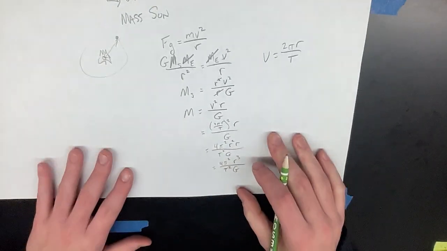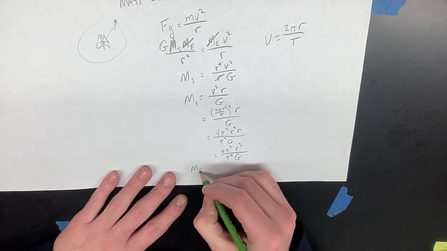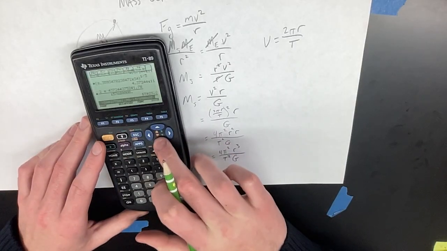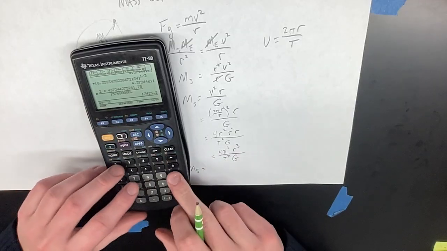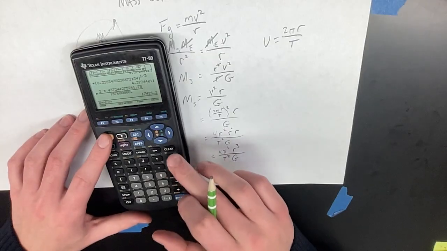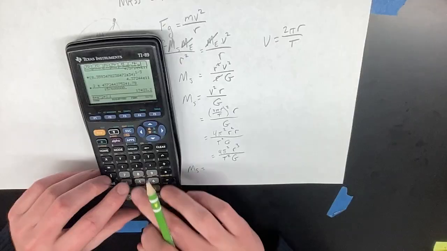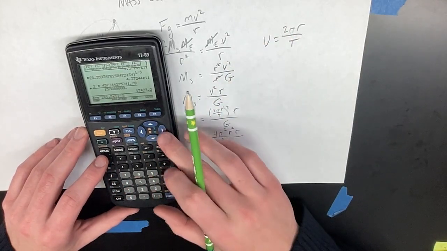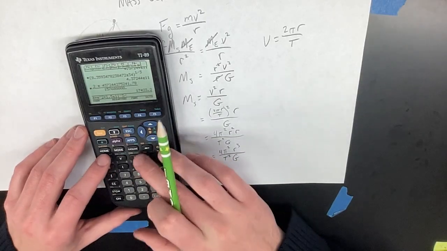All right. So my grandma would say now we're cooking with gas. So, four times pi squared times the radius, 1.5 E11 to the third, divided by quantity.